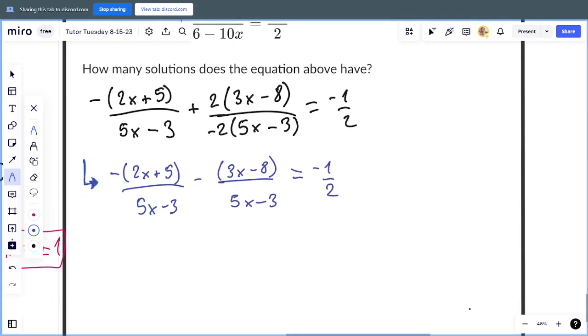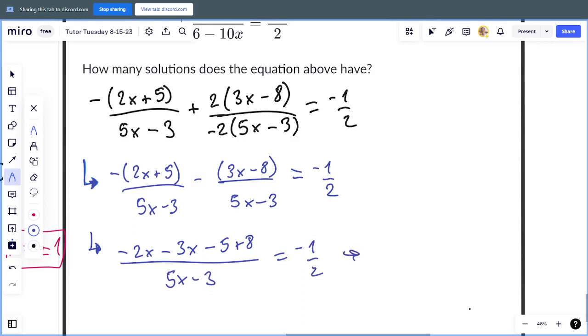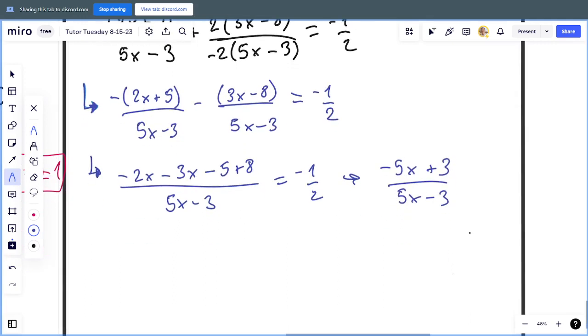So I'm going to combine all the like terms in the numerator and get negative 2x minus 3x minus 5 plus 8 after distributing all of these negatives appropriately, over 5x minus 3. And that means that we get negative 5x plus 3 over 5x minus 3.